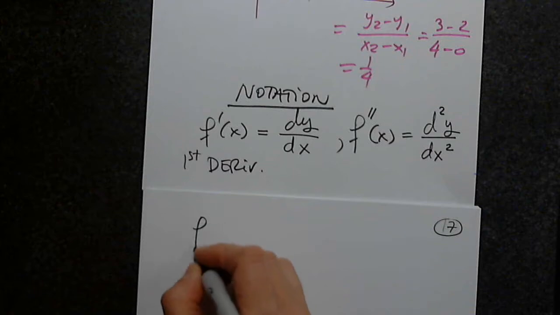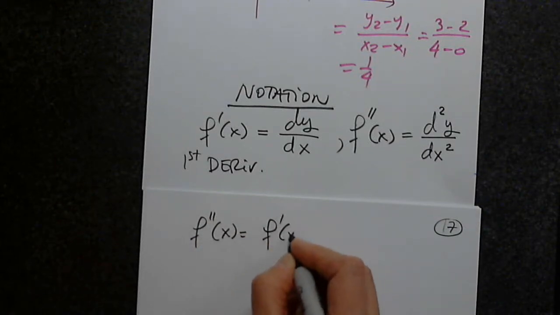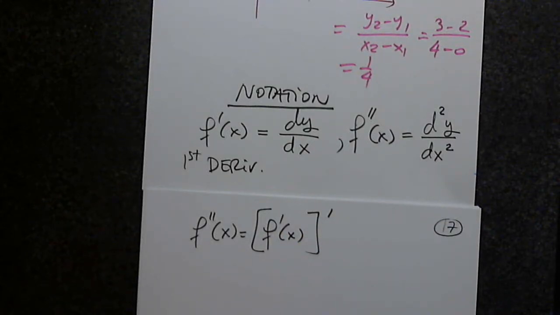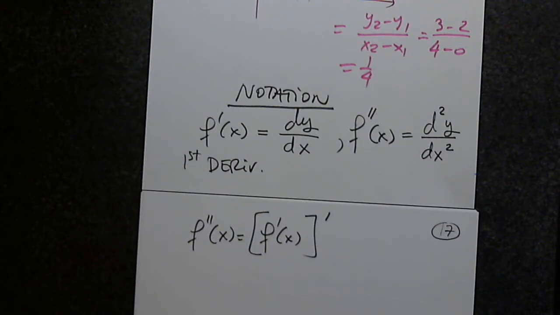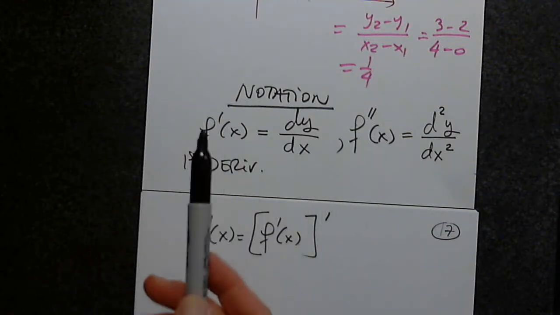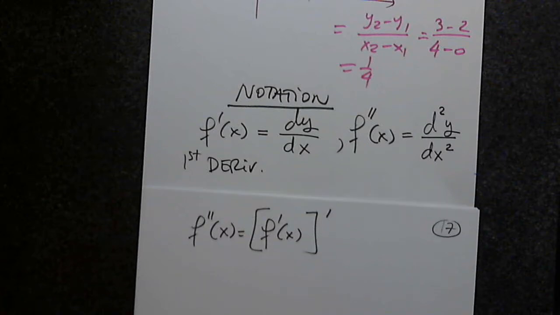So when we find the second derivative, we differentiate the first derivative. Is that clear? When I have the function and I differentiate the function, I get f prime. If I want to determine the second derivative, then I have to continue differentiating the derivative. Good.